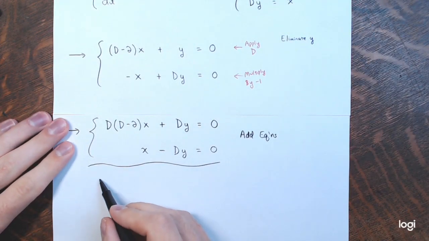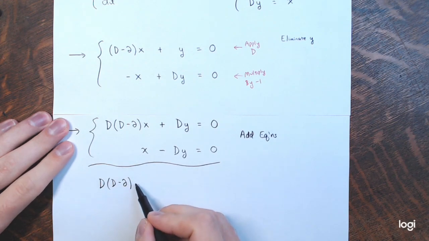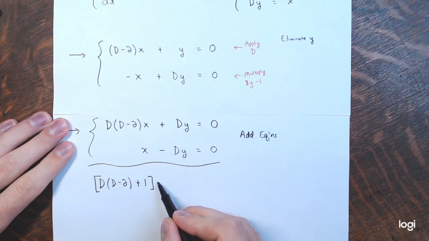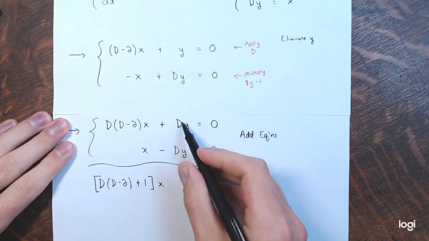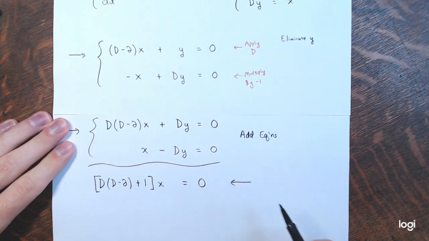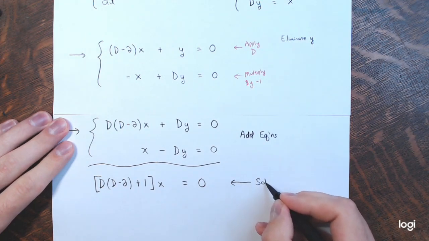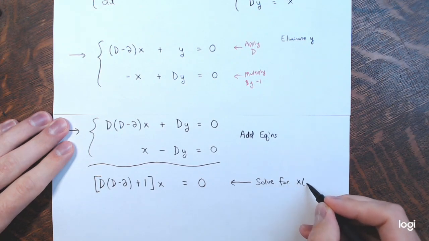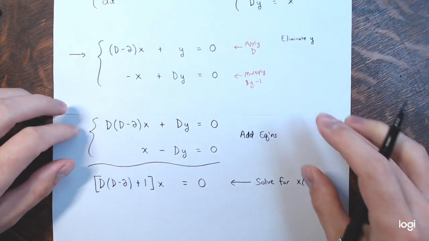So I'd be left with D times (D minus 2) plus 1, that operator applied to x, and no y's, equals 0. And what I'm going to do now is find the general solution to this equation, find what x of t could possibly be.